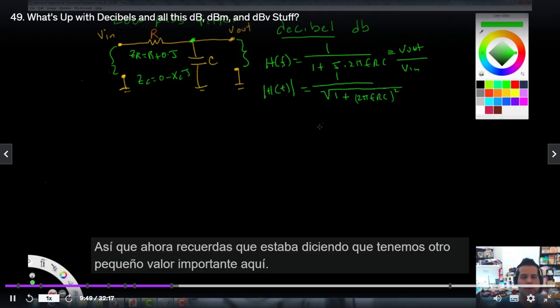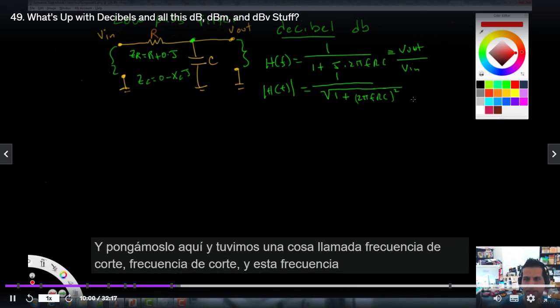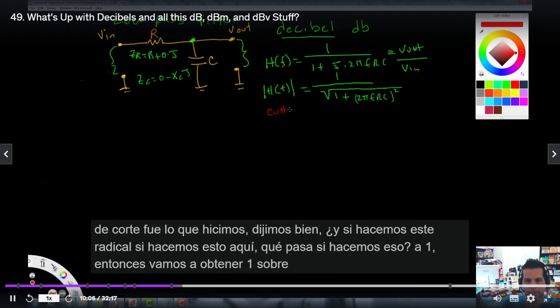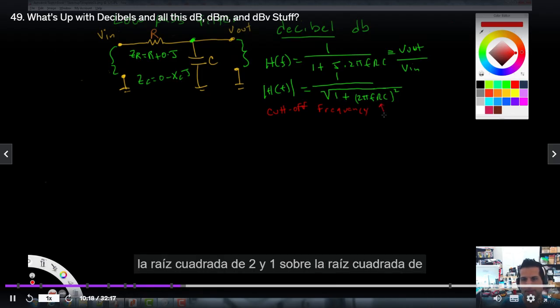Now you recall I was saying we have another important value here, called the cutoff frequency. What we did was we said, what if we make this radical a 1?